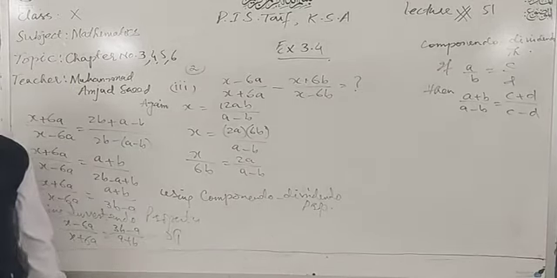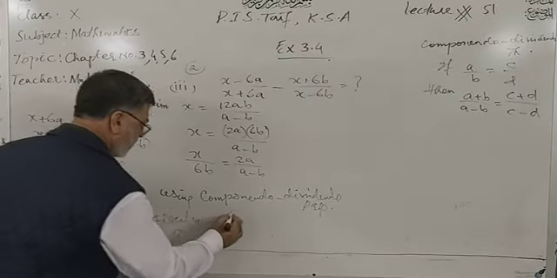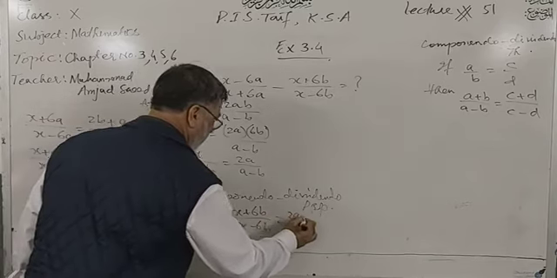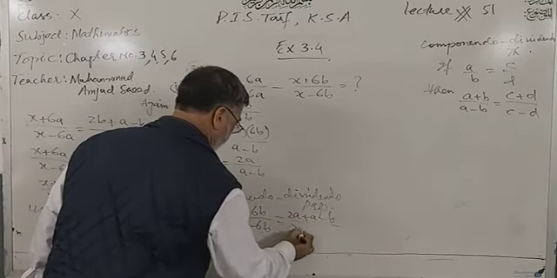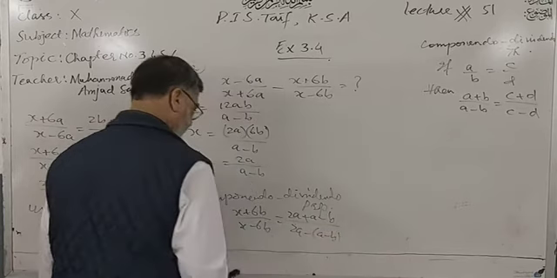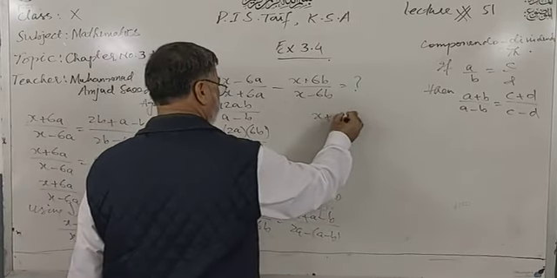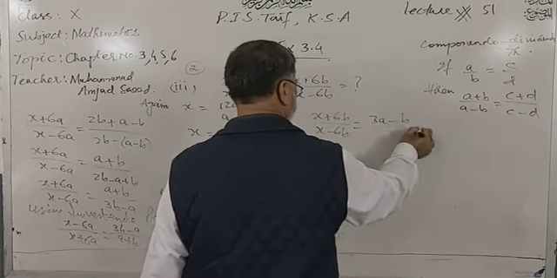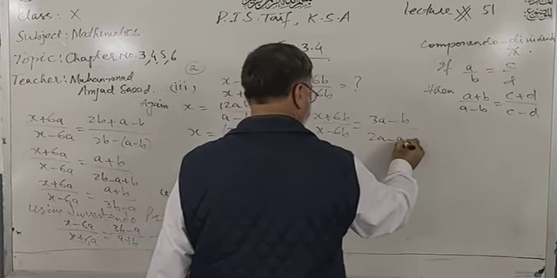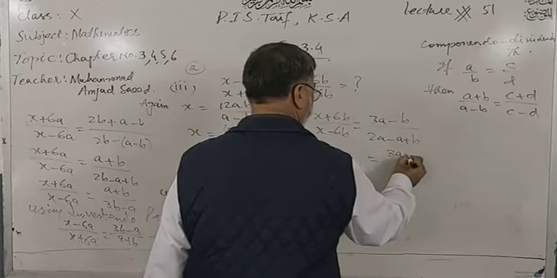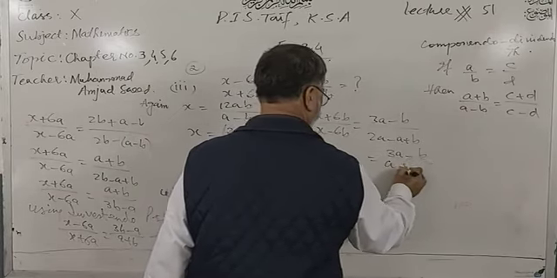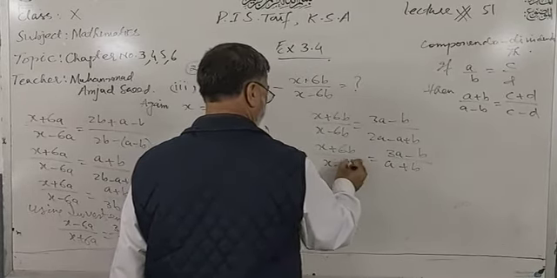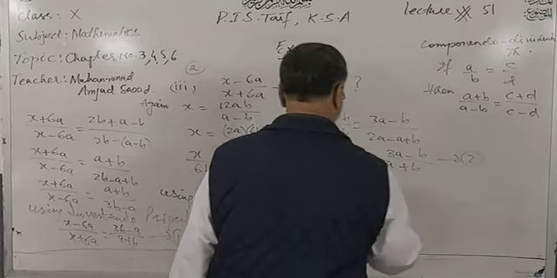Using componendo and dividendo, you will have x plus 6b over x minus 6b equals 2a plus a minus b over 2a minus a minus b. x plus 6b over x minus 6b is equal to 3a minus b over 2a minus a plus b, 3a minus b over a plus b. This is your equation number 2.